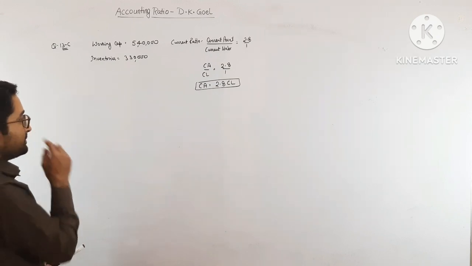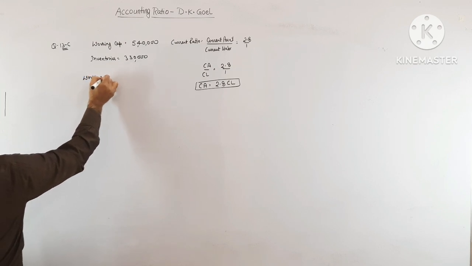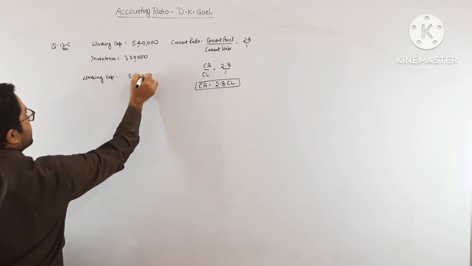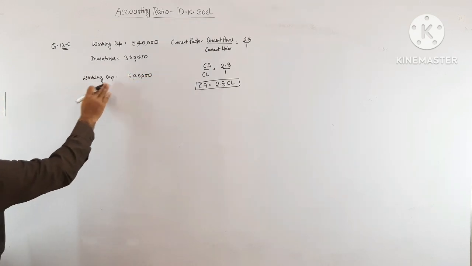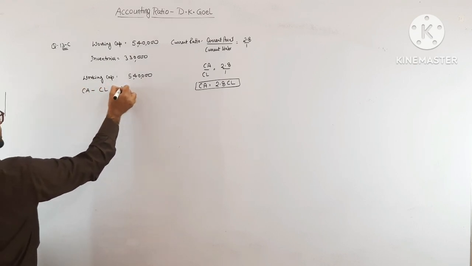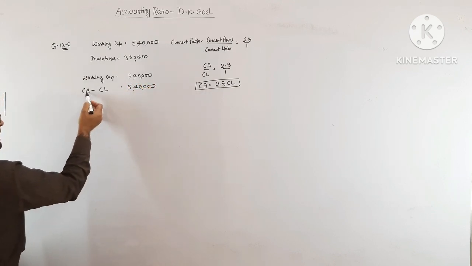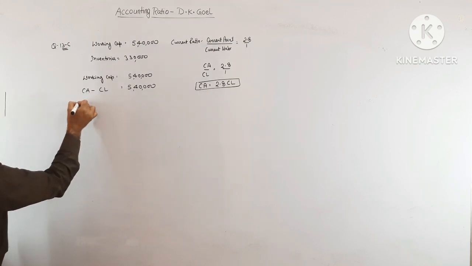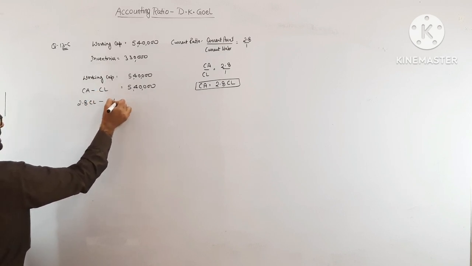Now working capital equals 5,40,000. Formula of working capital: current asset minus current liability equals 5,40,000. In place of current asset, we can write 2.8 into current liability, and minus this current liability.